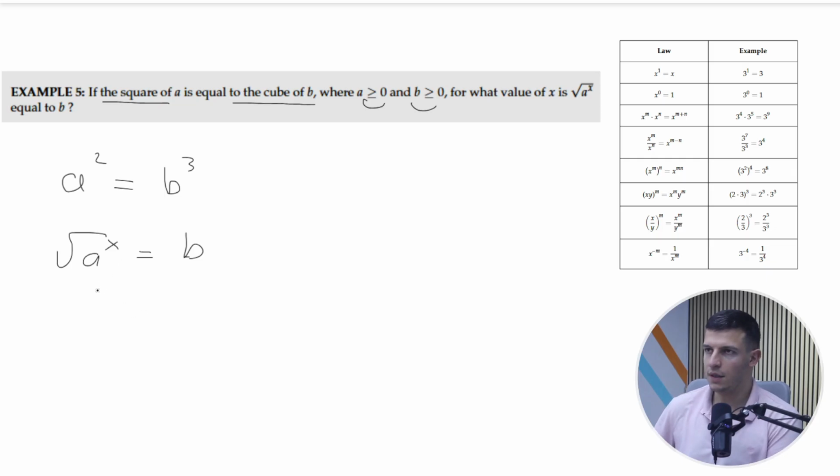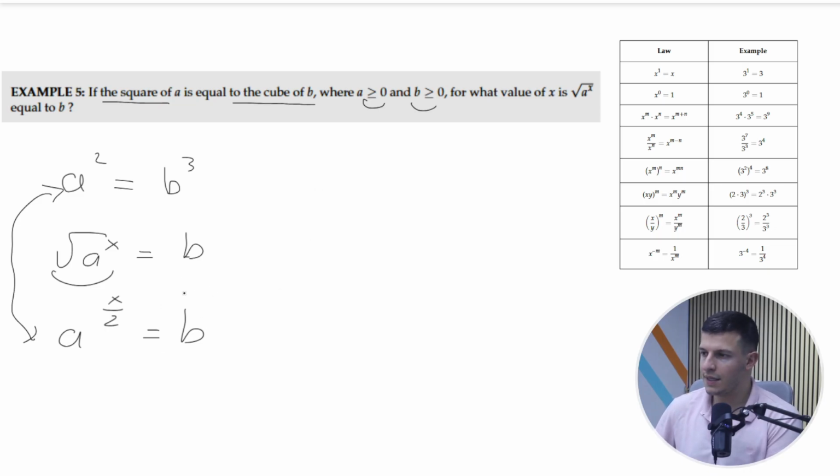Okay, now what can I do? I want to represent the left side here, the one I'm looking for, as a to the power of x/2, right? I can do that. Okay, now these two equations hopefully can be achieved by adding, multiplying, or using something.